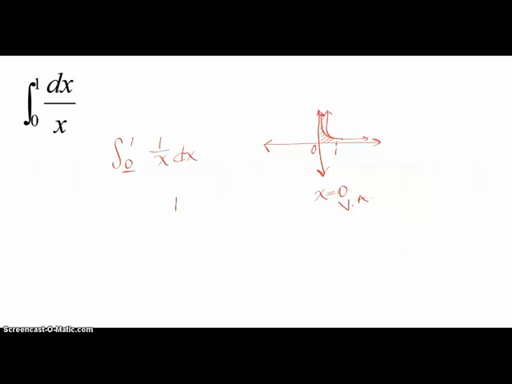Our interval that we're looking at on the real number line is the interval from 0 to 1. So we're going to introduce the limit, and we want the limit, this is the lower one, so I'll use the letter A. And we're going to approach 0. But are we approaching 0 from the left, or are we approaching 0 from the right in this interval? Here's our interval.